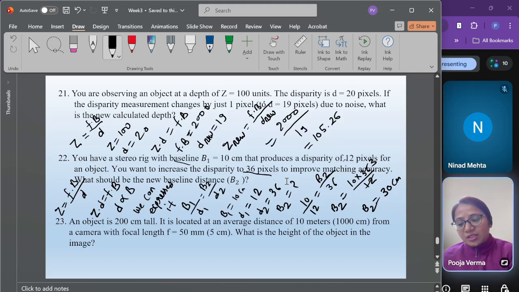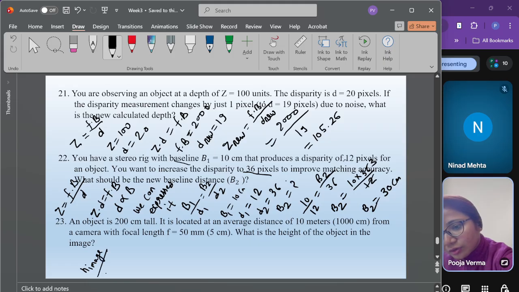So already we know that the magnification is represented by the image height divided by object height, and that is also equal to f divided by z average, right? The object height is 200 centimeter, located at an average distance from the camera.